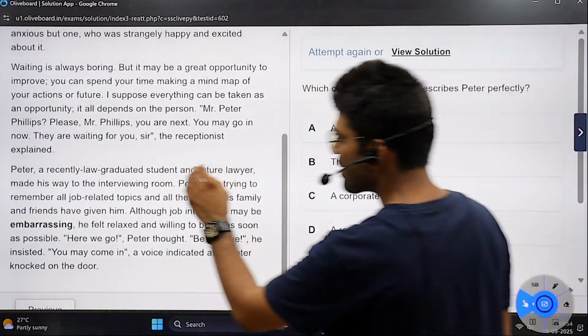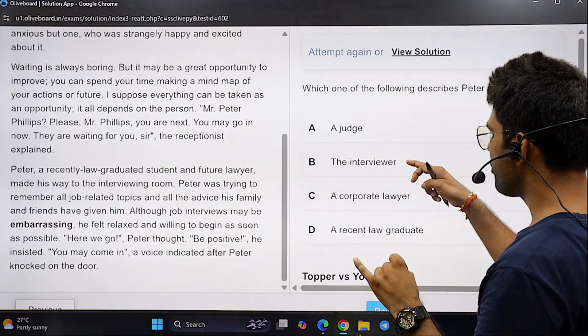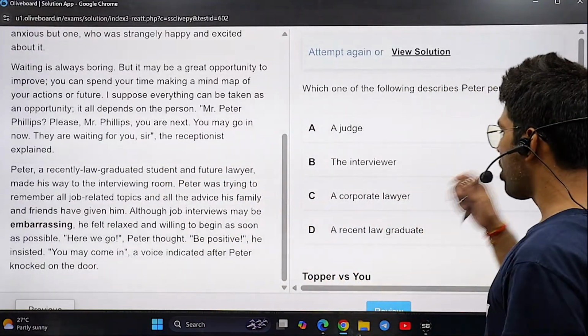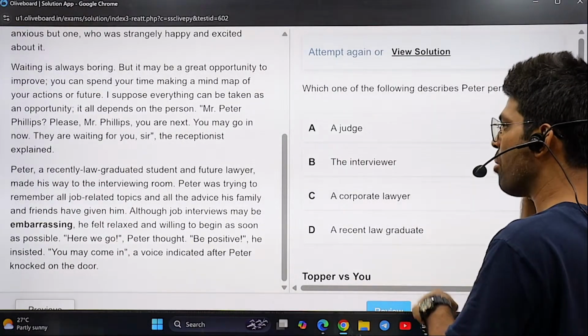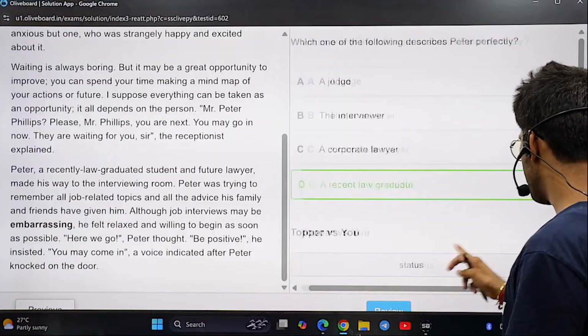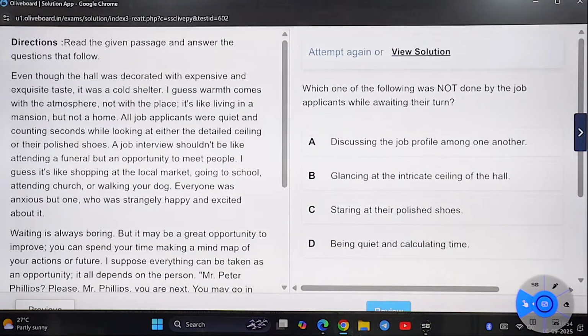A recently law graduated student, future lawyer. Judge, no. Interviewer, no, he wasn't taking interviews. Interviewee, we can say. Corporate lawyer, he wasn't a corporate lawyer. He was a future lawyer. He was recently graduated, which was not done by the job applicants.